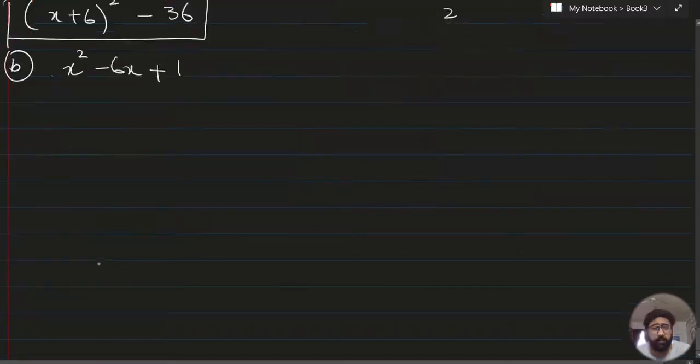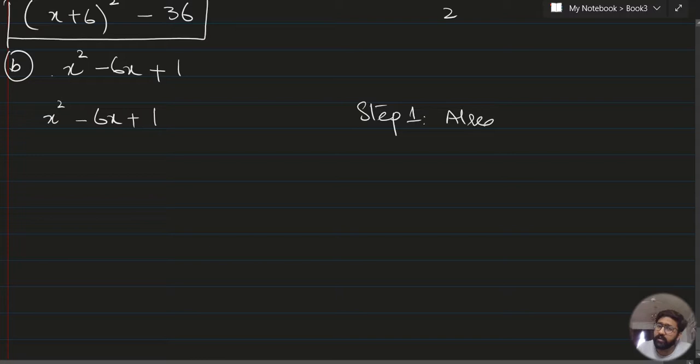Since step number 1 has already been done, the coefficient of x square should be 1, and it already is 1. Step 2: take half of the coefficient of x. The coefficient of x is 6, and half of it is 3.